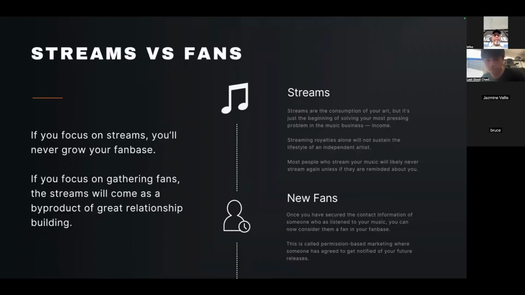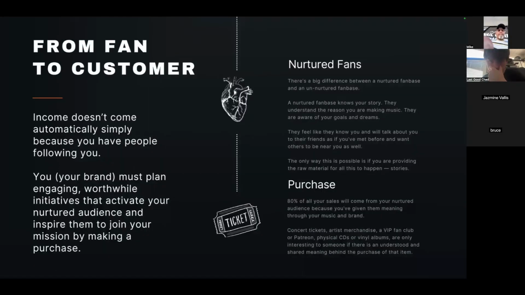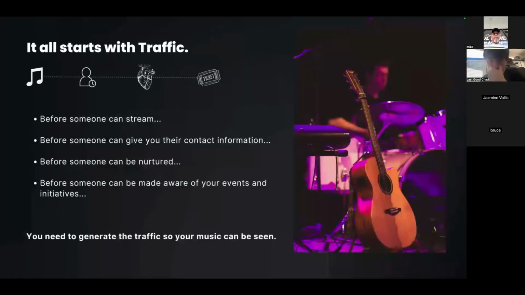Right. So you're not going to make any income just from having the fans. You need to nurture and activate them. And I'm going to move on to the next slide. Nurturing and activating them, that's the second half of this fan journey, right? So it all starts with traffic. Yes. Because before someone can stream, before someone can give you their contact information, right?